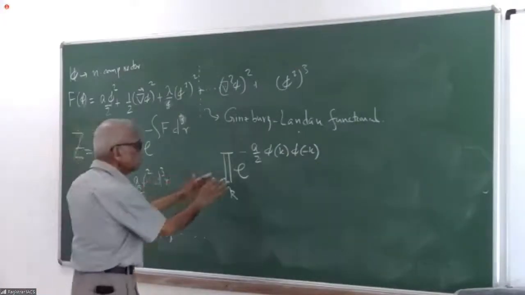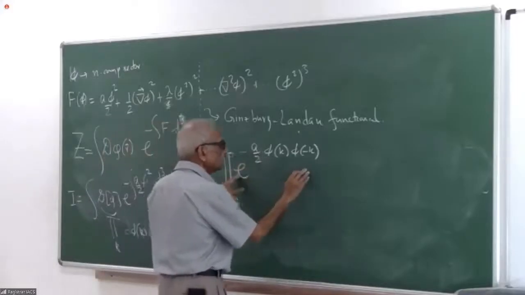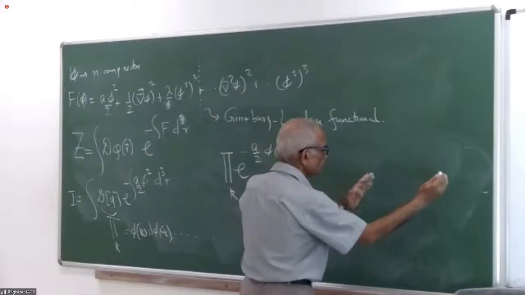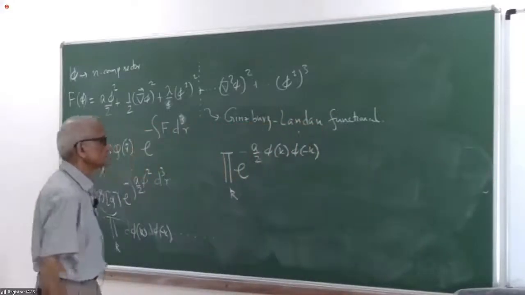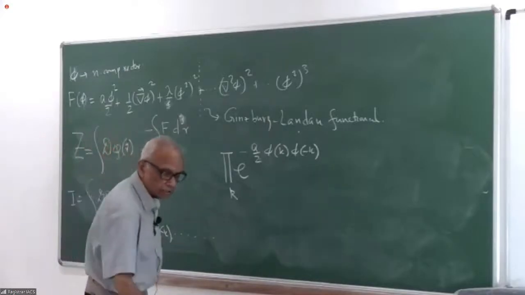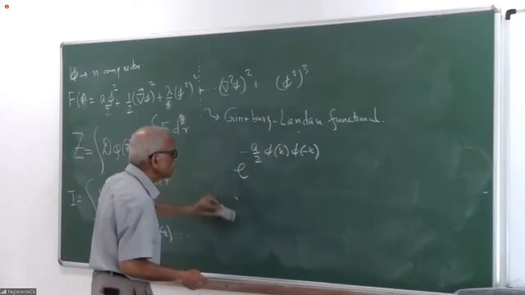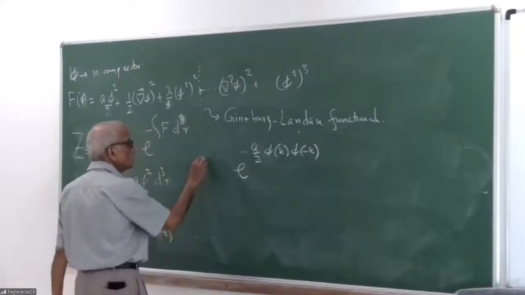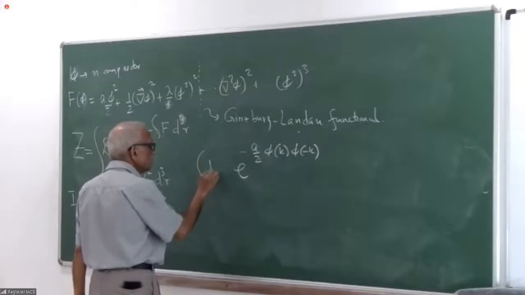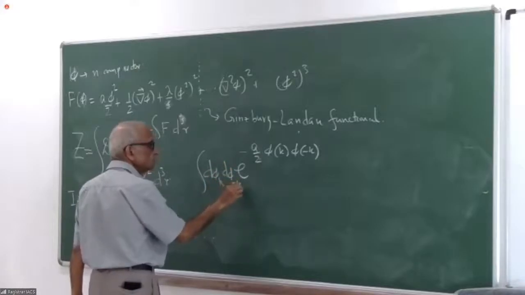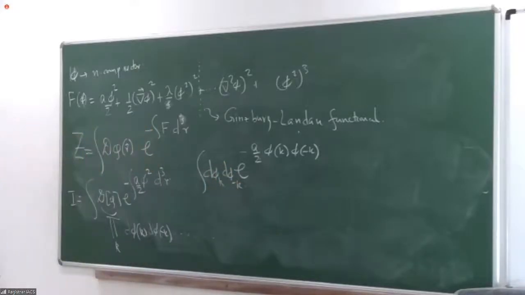So it's a pi over here, this factor for a given k multiplied by a similar factor for another k, and so on. And then for this particular k that we are considering, you have to do an integral which is over d phi k d phi minus k.